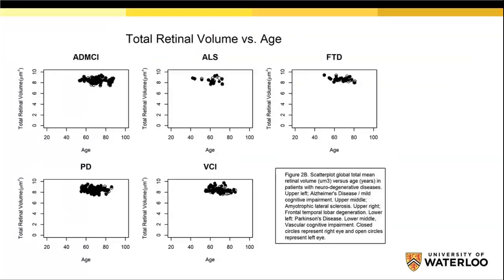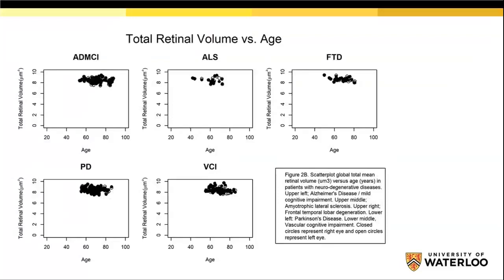I didn't expect these slides to show much difference, and I'm pleased that they didn't, because these are large area assessments of retinal thickness, or in this case, retinal volume. The retinal volume is interesting because it does tend to show that the volume of the retina reduces as a function of age.